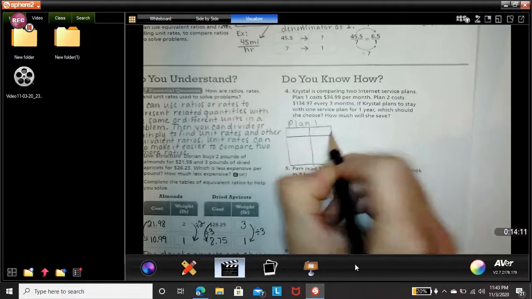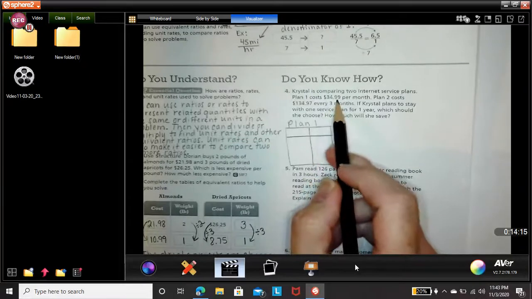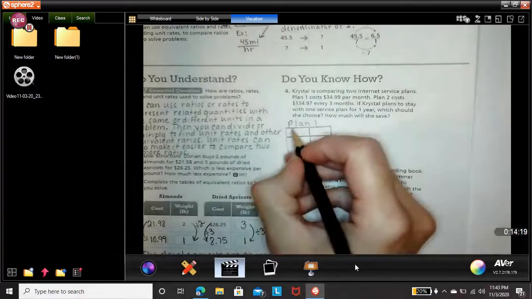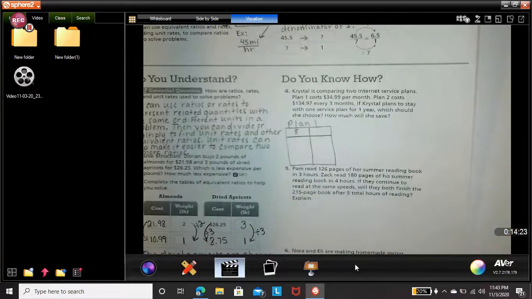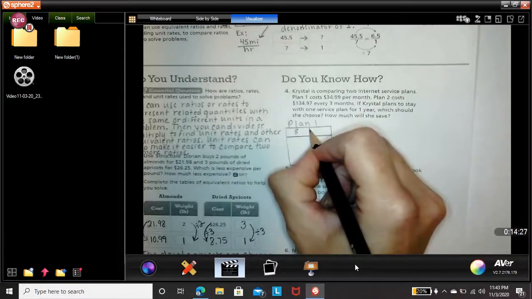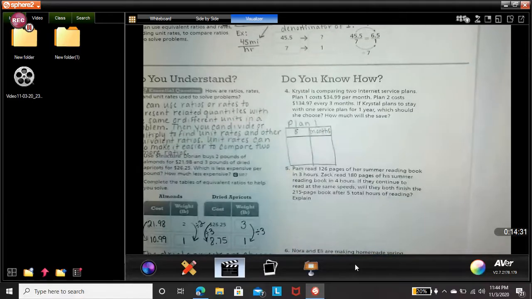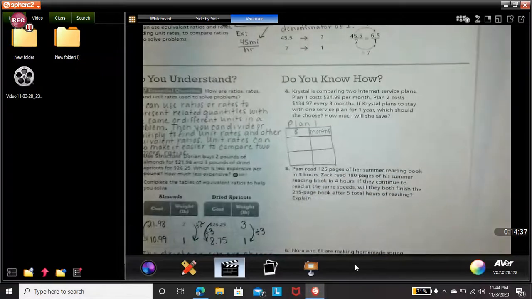And we're going to write our units of measure at the top. So we know that we're working with dollars and numbers of months. So in the left-hand column, we'll use a symbol for dollars, and in the right column, we'll use the word months for number of months, okay? And in this example, we're going to need to split this table like that.